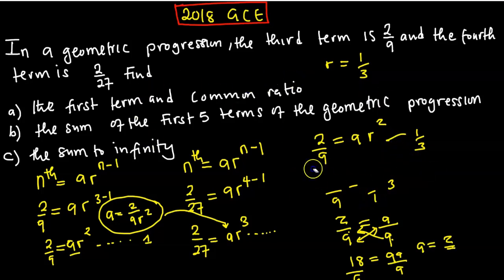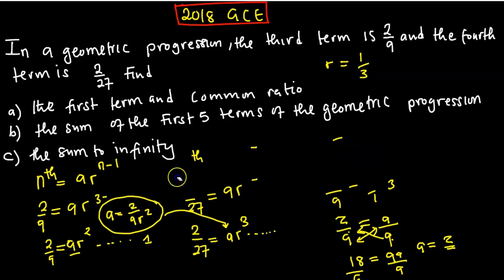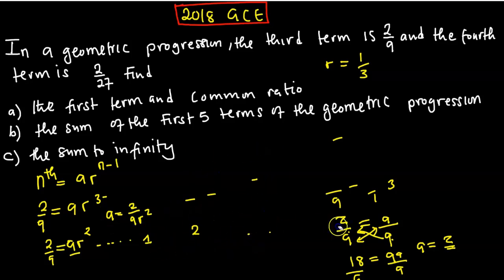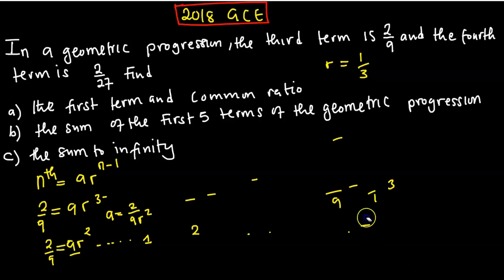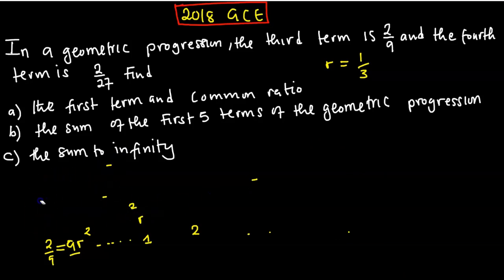Then now let us go on to the second question. The second question is the sum of the first 5 terms of the geometric progression. So here also there's a formula that you use for the sum of the nth term.